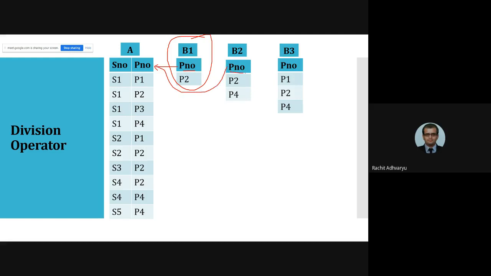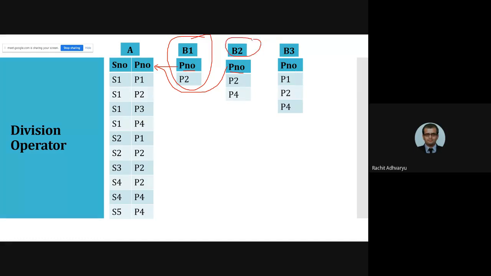So again, this division is also possible, because we are only looking for the columns that are already available in table 2 that should be the subset of table 1. So table 1 is having more columns, and PNO is one of the columns of that particular table A. So this is the subset. And let us see B3.